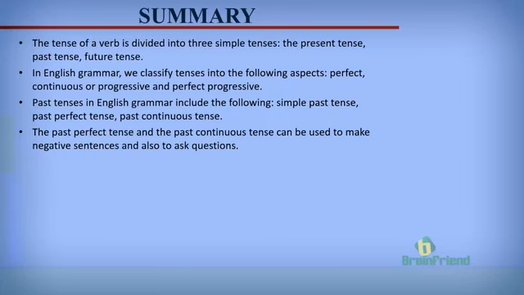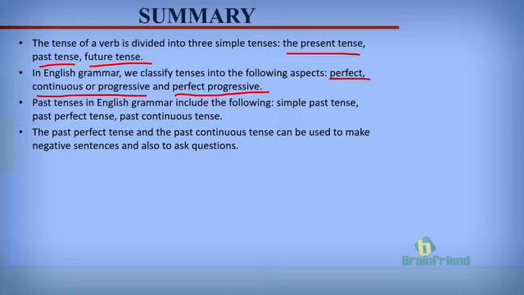We've come to the end of our lesson today on past tenses. Before we go to our test section, let's look at a few things we learned today. Today we learned that the tense of a verb is divided into three simple tenses: the present tense, past tense, and future tense. We also learned that in English grammar, we classify tenses into the following aspects: the perfect aspect, the continuous or progressive aspect, and the perfect progressive aspect.